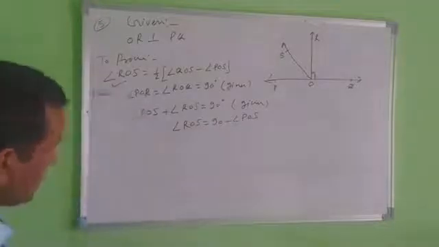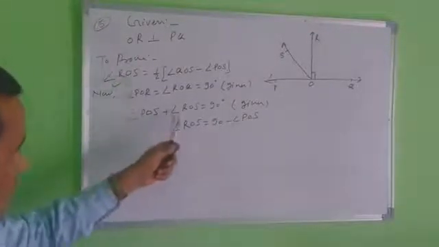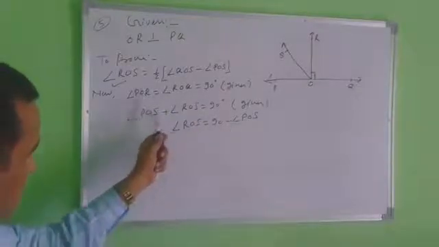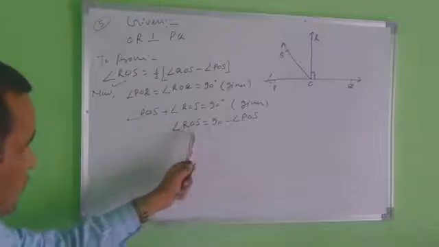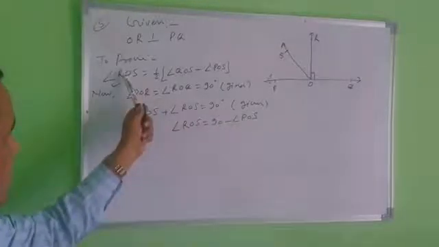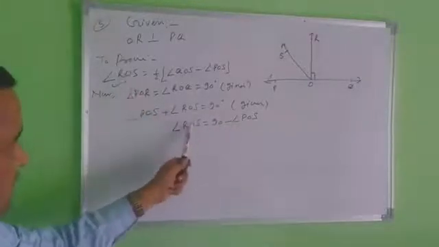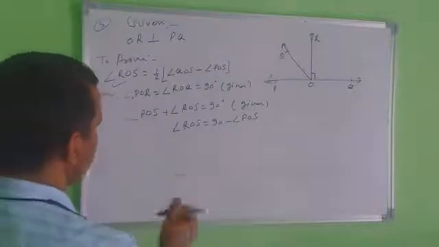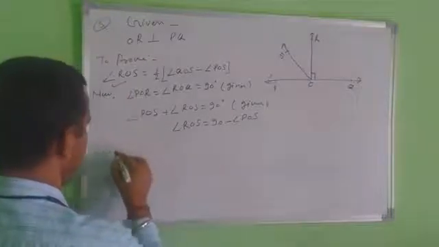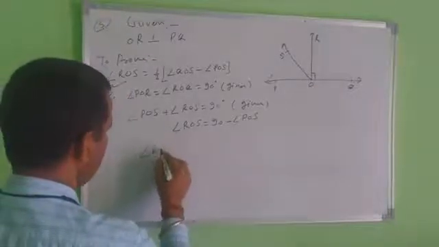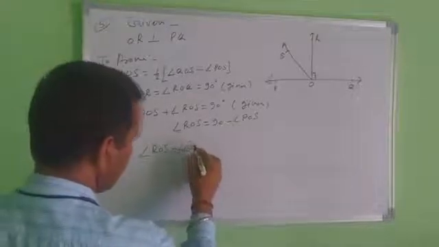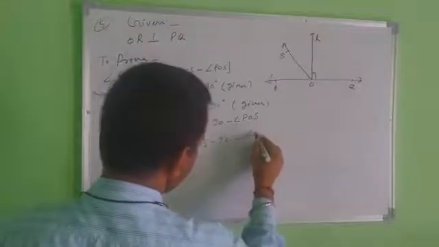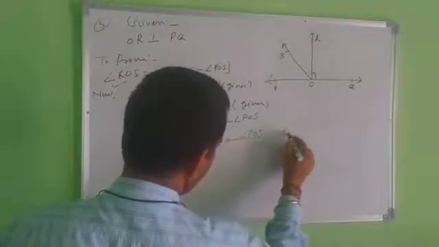Now look here. You require ROS, so transpose POS to the right side: angle ROS equals 90 minus POS. Then you can add angle ROS to both sides: ROS plus ROS equals 90 minus angle POS plus angle ROS.